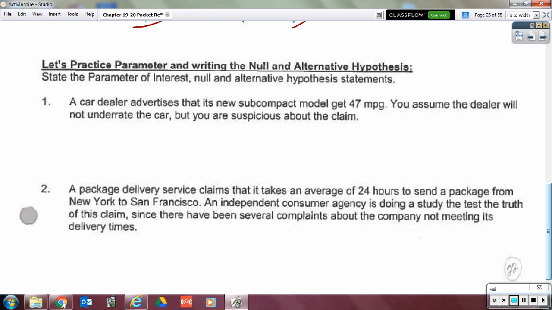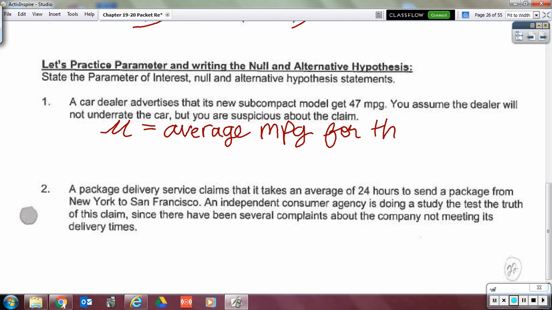Good. And it's about, what is the mu equal? Oh, wait, this is just like in words. What's this problem about? Okay, first, because it's mu, the first word I write is average. Remember, when it's a proportion one, we write proportion. So average miles per gallon for this model car.